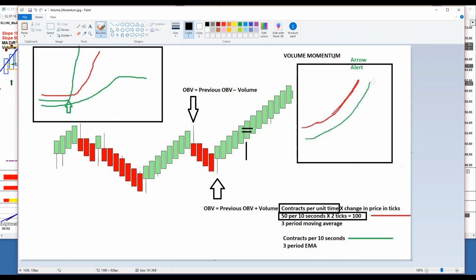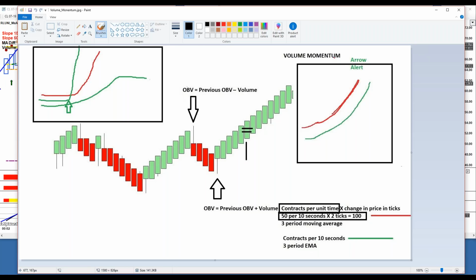Now, first, I do want to say there is one other volume-based momentum indicator, and it's called on-balance volume. And if you've ever tried to use it, the reason nobody ever does is because it really does stink. It's a lagging indicator, and it's really awful.